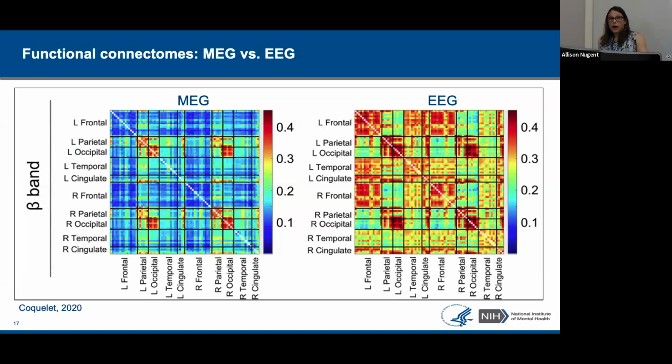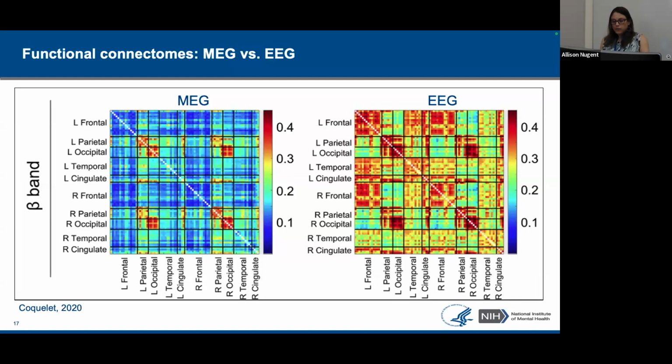So again, to contrast MEG with EEG, we can look at functional connectomes. Of course, work in fMRI connectivity has largely moved away from ICA-based methods and more to functional connectomes. This particular study was looking at connectomes in both MEG and EEG and comparing them.